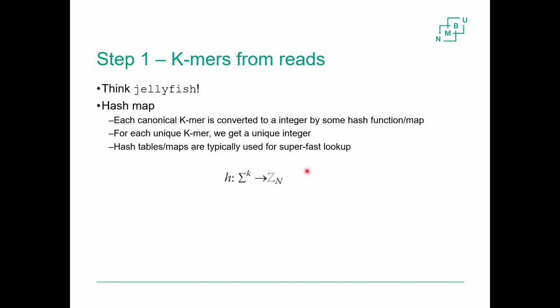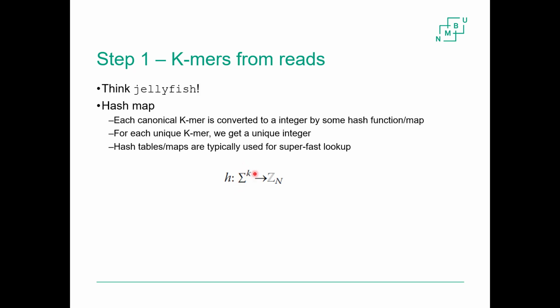So again, it's very mathematical notation. How do I read this here, for instance? I read it like this. The hash map function h is such that it takes the space of all canonical k-mers. That's what this symbol means. You see the alphabet to the power of k.